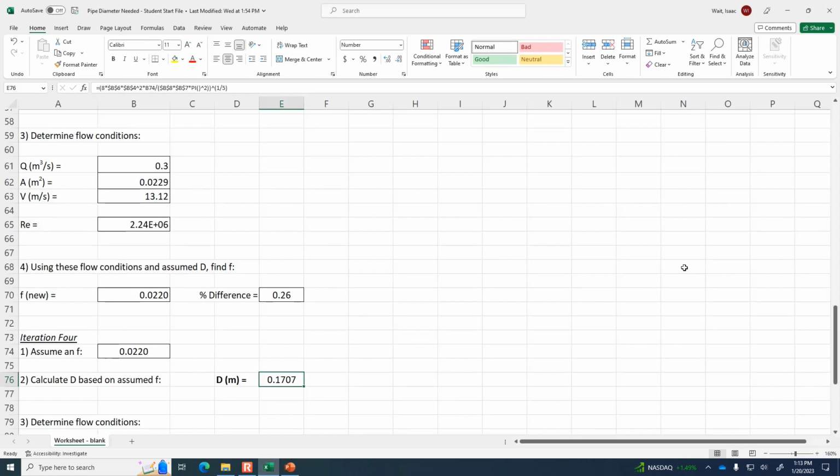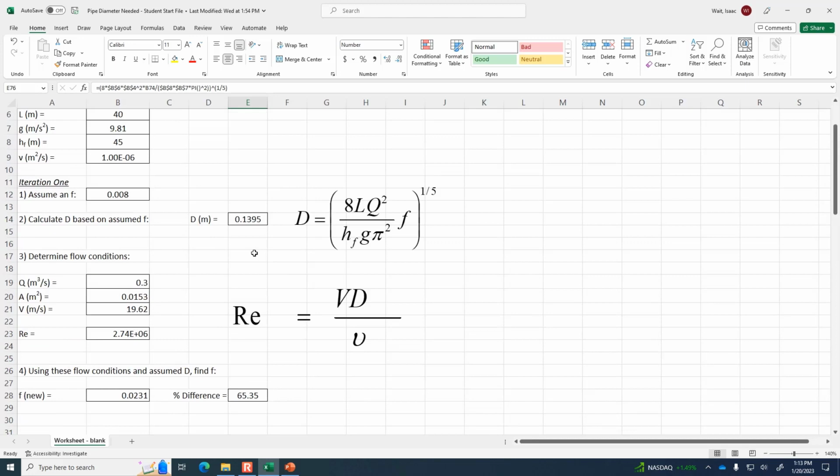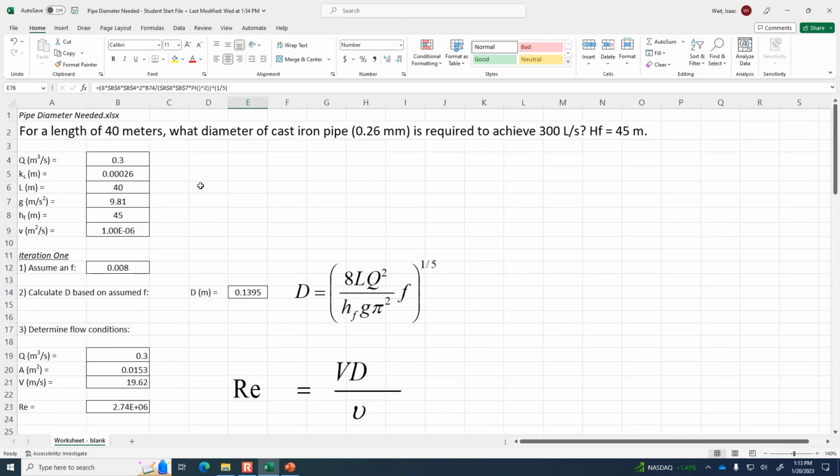All right, so any questions about this example? I'd recommend that you save this template. I think you can use it on the last problem on the homework. You can do the calculations by hand if you choose, or you can use the spreadsheet. If you use the spreadsheet, be sure that you upload the spreadsheet file.